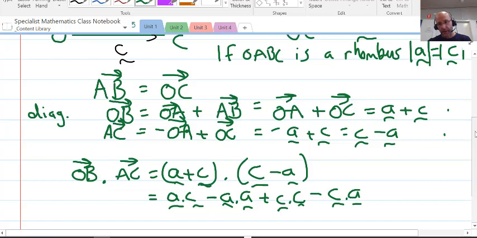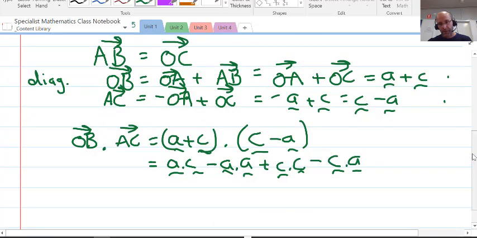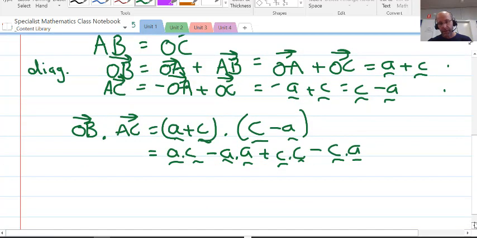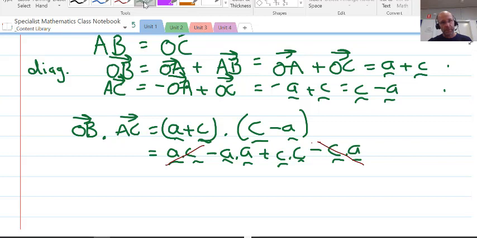Now remember, the scalar product, or the dot product, is commutative as well, so c dot a equals a dot c. So the first and the last terms cancel each other out. You should remember that from the dot product, it's commutative, so a dot c and c dot a are the same. If you subtract them, there's 0.